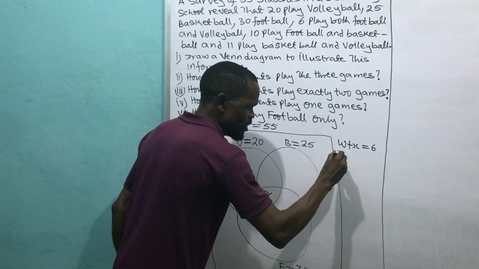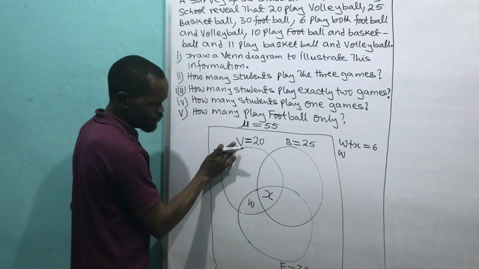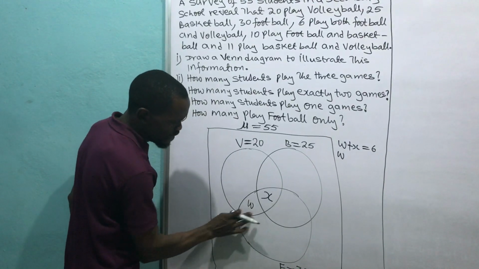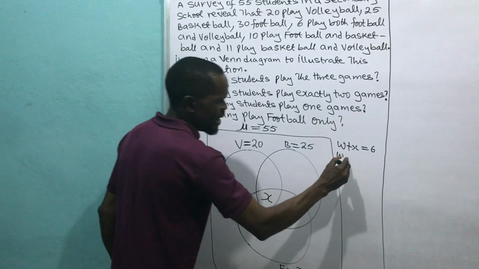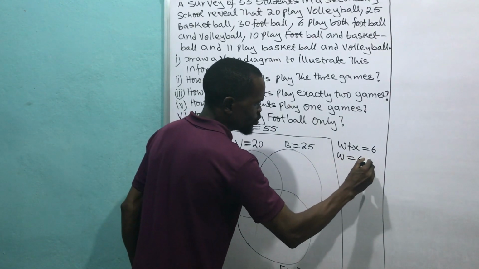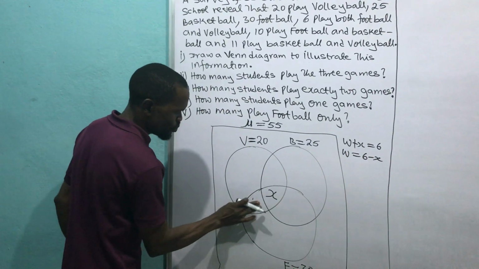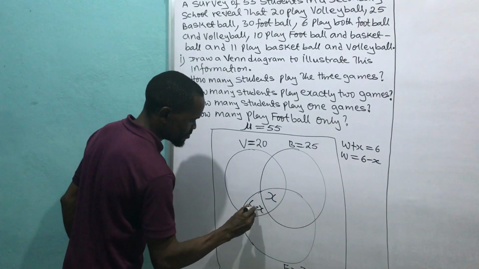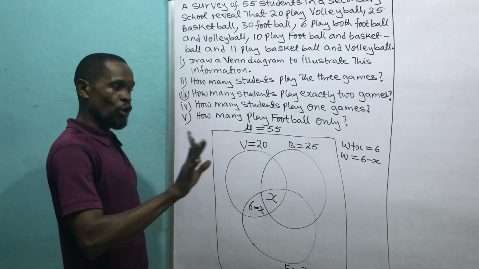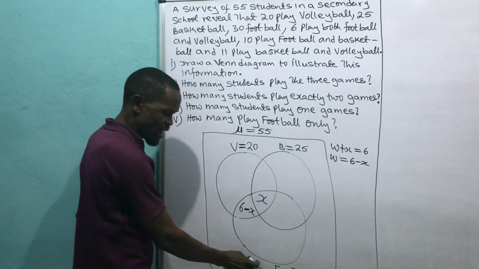Therefore my W, those that play volleyball and football only, will be 6 minus X. That's what gives me only the people that play volleyball and football.